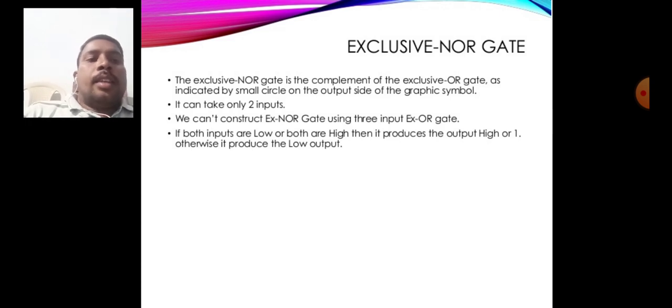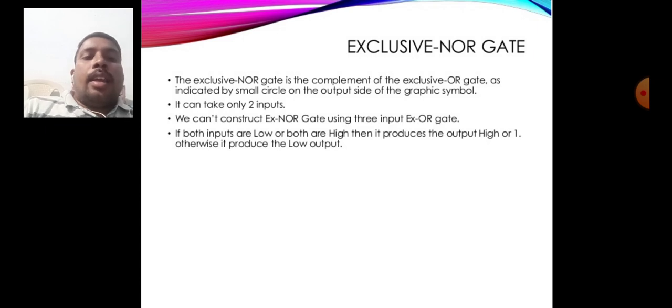The next one is the exclusive NOR gate, or XNOR gate. The exclusive NOR gate is the complement of the exclusive OR gate, that means the XOR gate.